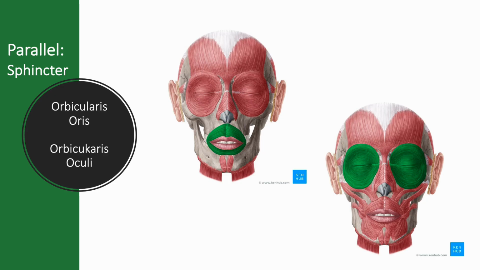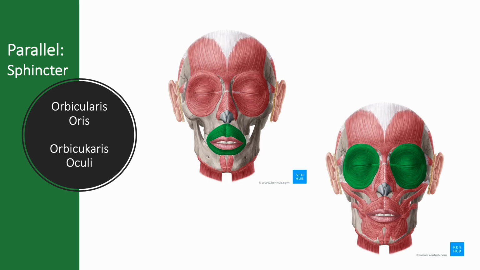A great way to remember the specific examples is the double O rule. Orbicularis oris and orbicularis oculi are the circular openers and closers. So with ocular, of course, vision, that's a good way.